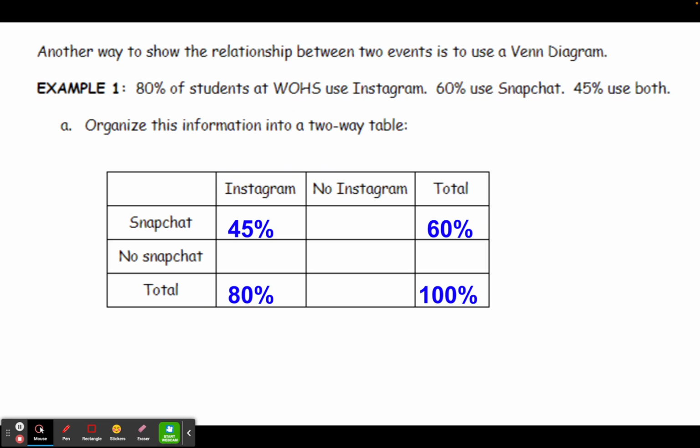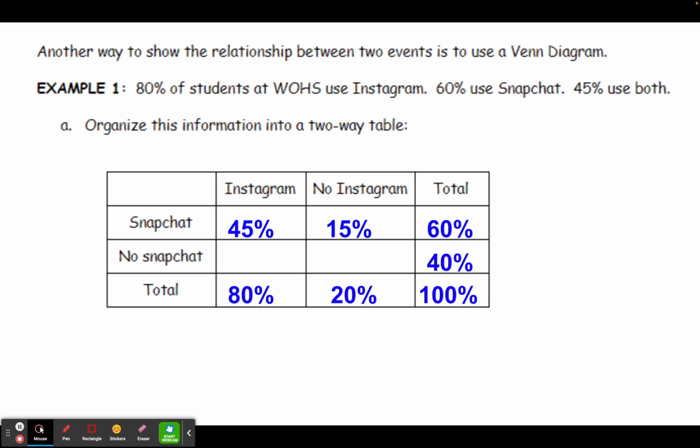Now, based on what we have here, we can fill in the rest of the table. For example, if we know that 60% use Snapchat, that means 40% don't, and 60 plus 40 give us 100 altogether. If 80% use Instagram, that means 20% don't, and 80 plus 20 make 100%. Now we can fill in the rest of the boxes in the table.